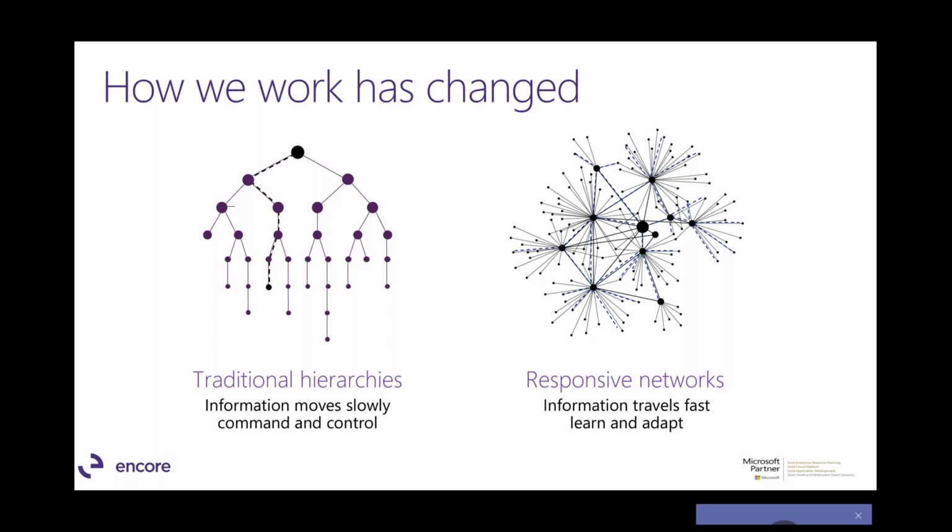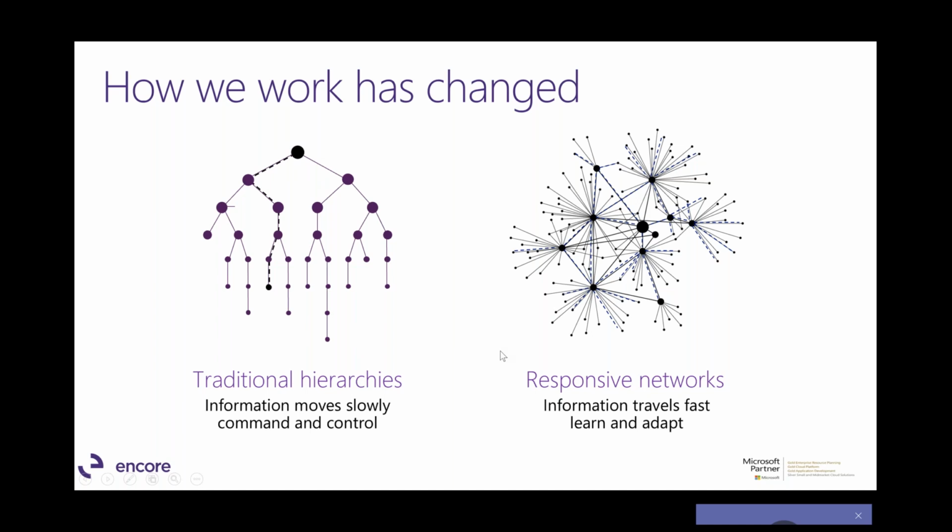That means that if you're still in the traditional form of information, where information moves slowly and it's more of a control in terms of the chain of command, information gets out from the C-level organization all the way to the remote workers down here.